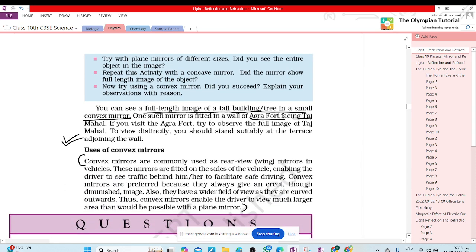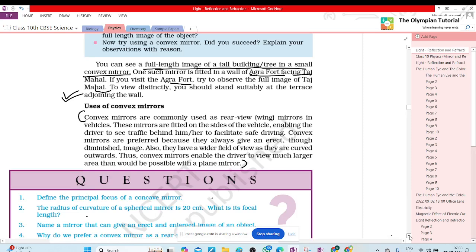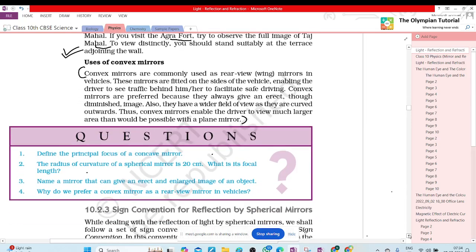Also, a full length image of a tall building or tree can be seen in a convex mirror. One such mirror is fitted in the wall of Agra Fort facing the Taj Mahal. If we visit Agra Fort, try to observe the full image of the Taj Mahal. Okay. Now uses of convex mirrors. Convex mirrors are commonly used as rear view wing mirrors in vehicles.